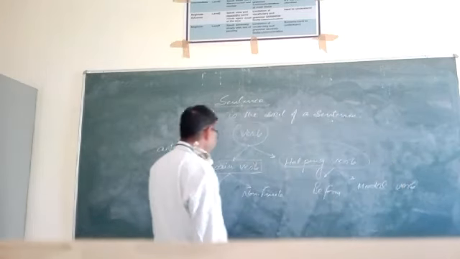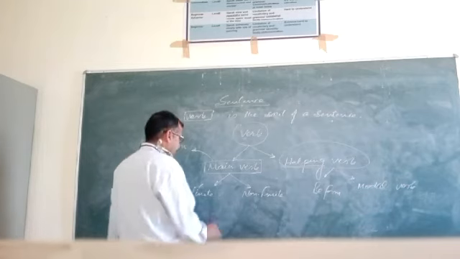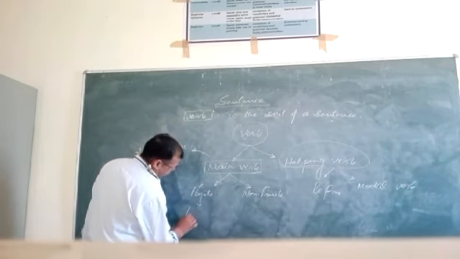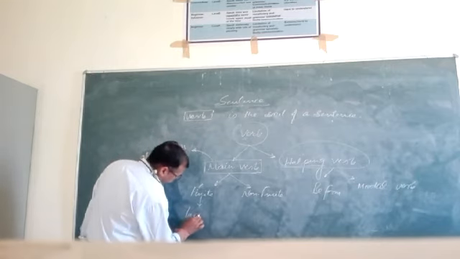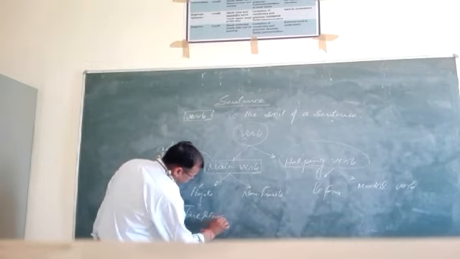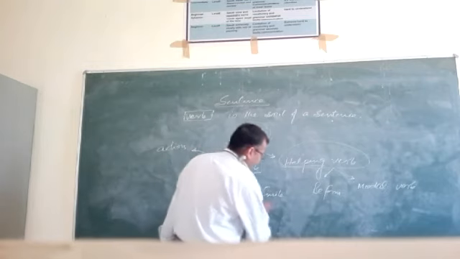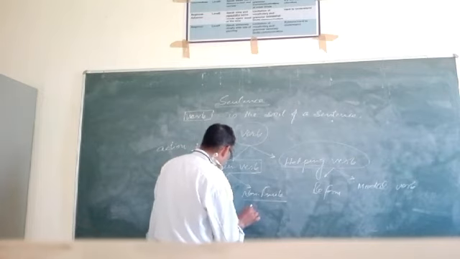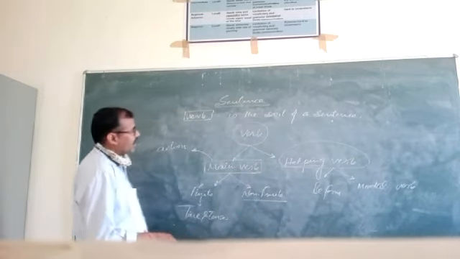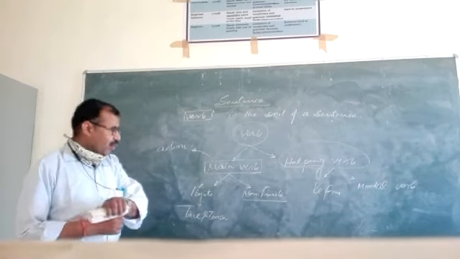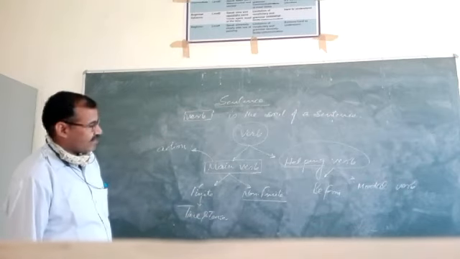Okay? Finite verbs and non-finite verbs. A finite verb relates to time and tense. But non-finite is not related to time and tense. Okay? In the next video lecture we will learn about finite and non-finite.